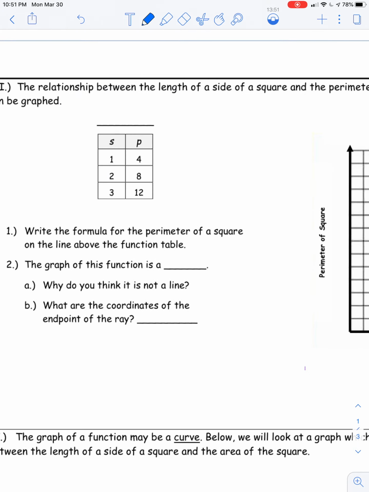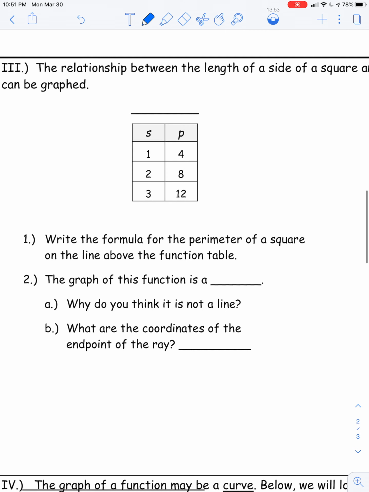Okay, so number 1, first of all, let's just start with getting some information down, then we'll talk about the graph in just a moment. So number 1, we're going to write the formula for the perimeter of a square on the line above the function table. So perimeter of a square equals what?